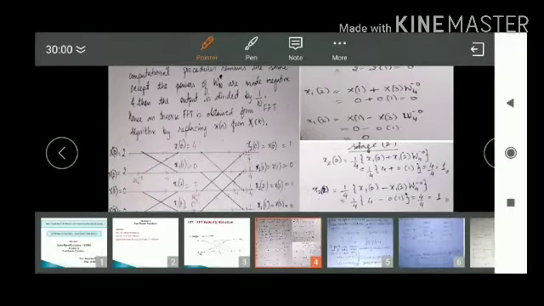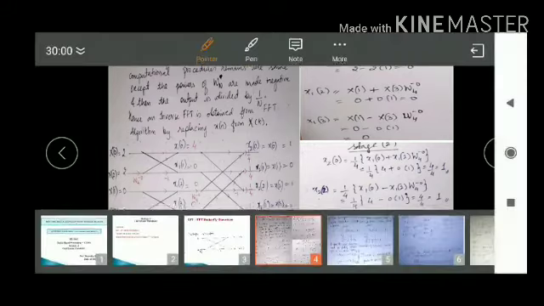Okay. So I need to calculate x2 of 0. Here the inverse FFT is obtained from the FFT algorithm itself. So the output is multiplied by 1 by N here. x2 of 0 is equal to 1 by 4. This is my output. So I need to write 1 by 4 bracket. What are the inputs which are coming to this point? x1 of 0 plus x1 of 2 into W4 minus 0.